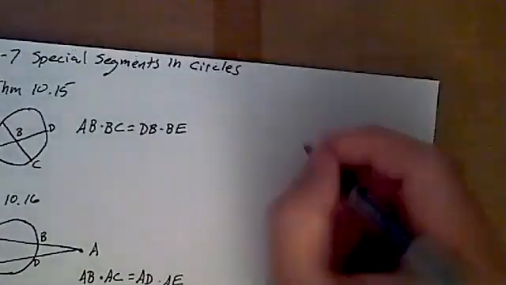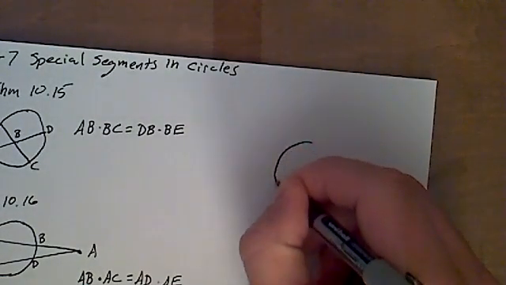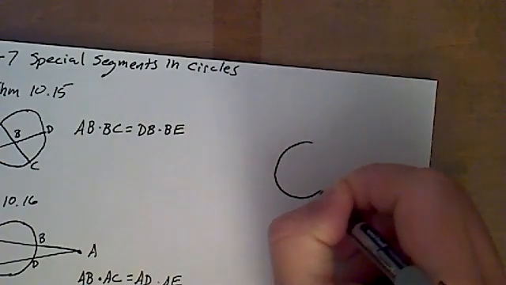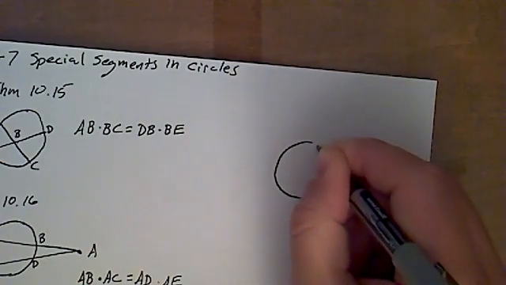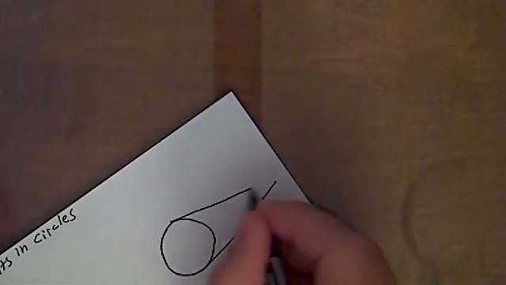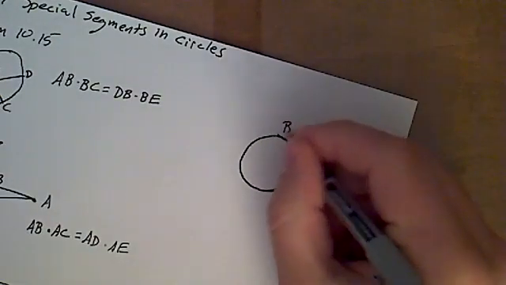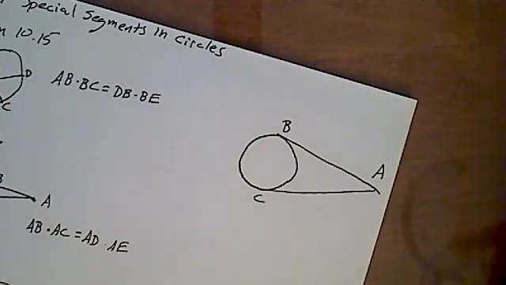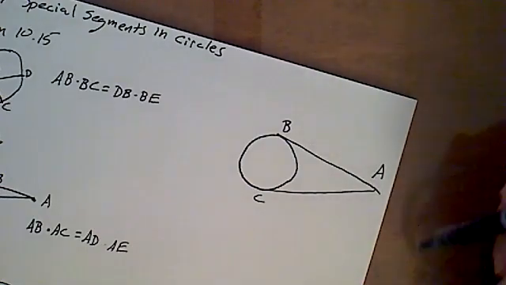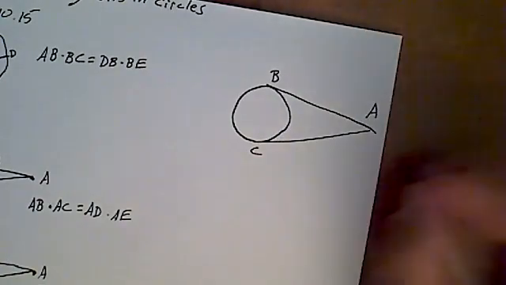All right, the last one we're going to look at. This is not a new theorem, but it kind of fits with these. What if we had two tangent segments, AB and AC?